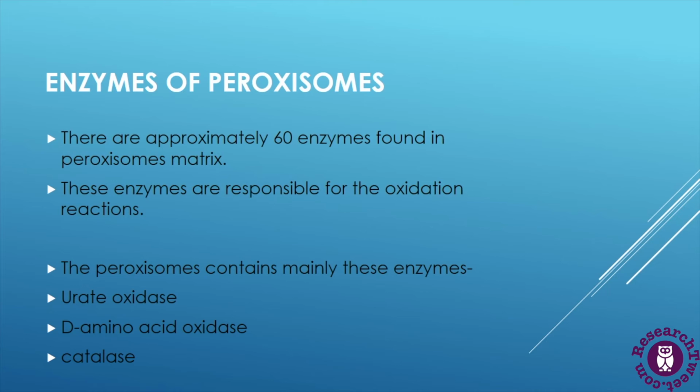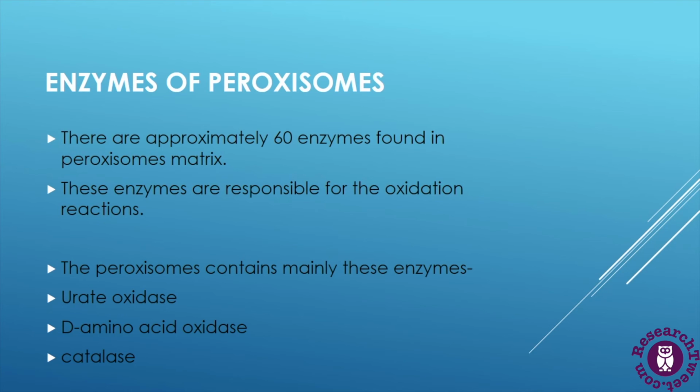Now let's understand the enzymes which are present in peroxisomes. Basically, the peroxisomes contain more than 60 enzymes which are found in the peroxisomal matrix, and all these enzymes are responsible for the oxidation reactions performed by peroxisomes. The peroxisomes contain mainly urate oxidase, D-amino acid oxidase, catalase, and many other enzymes.